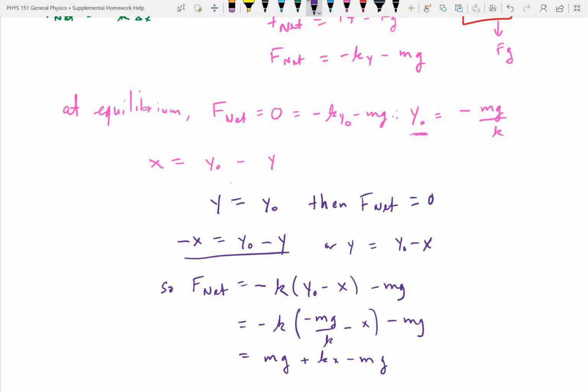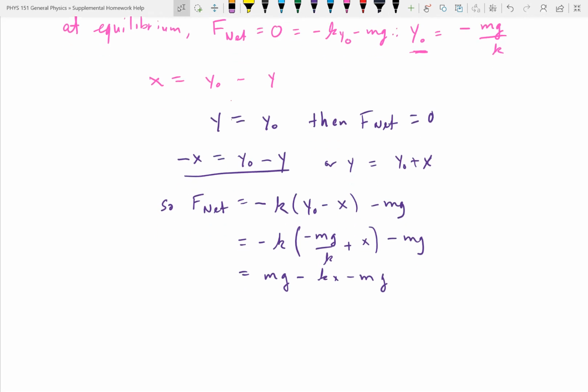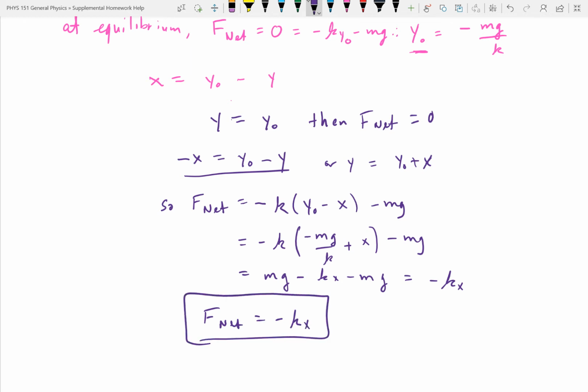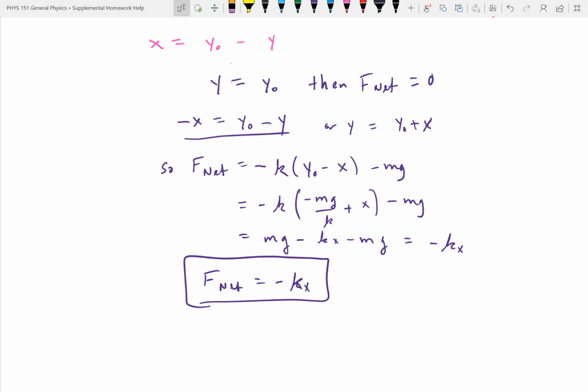So change the sign. Okay, there, I got my sign straight. So what I've done is I have force net is minus kx, where x is how much it is moved away from its equilibrium stretch length. A whole lot of work to get there, right?